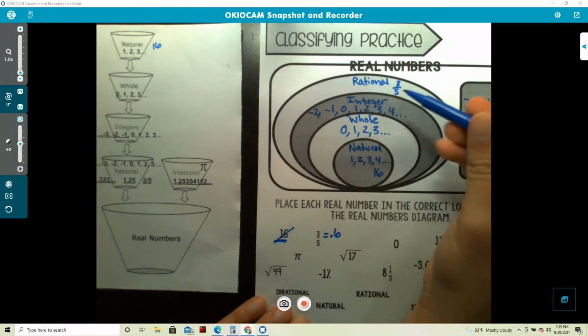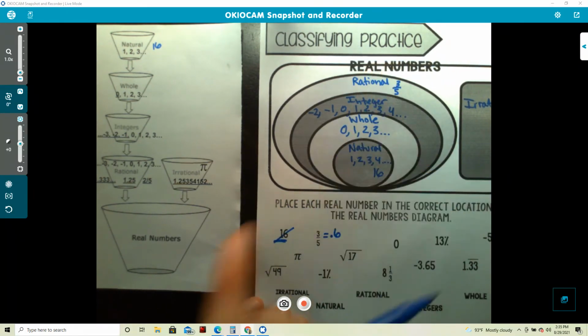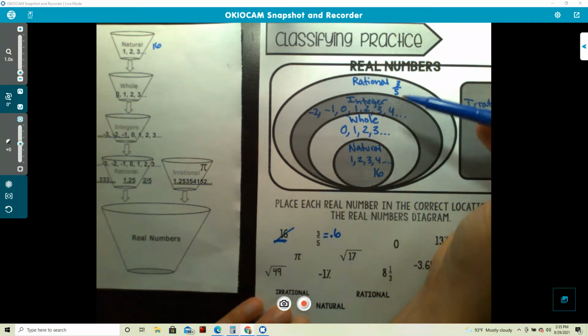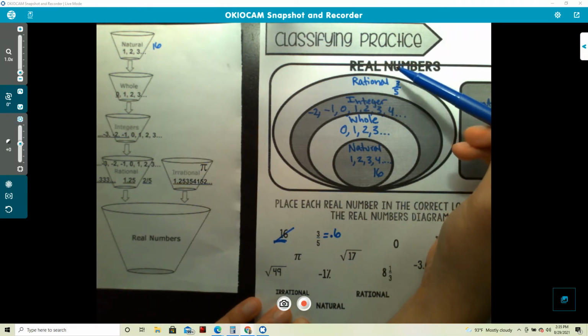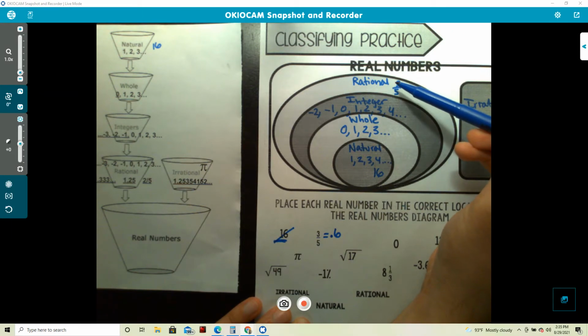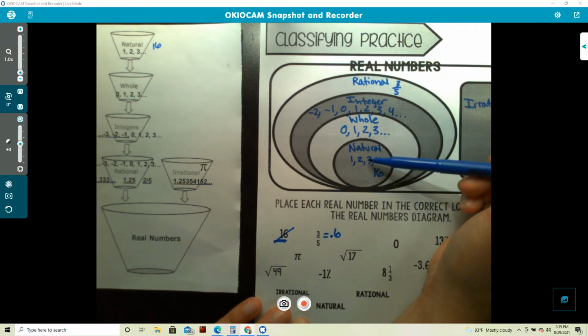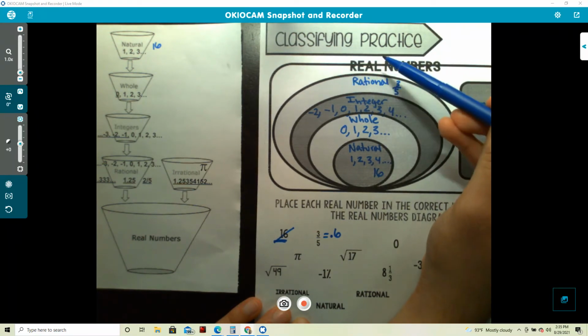So that means 3/5 is a rational number and it's also a real number. Notice that you start from the bottom and go up. When I say 3/5 is rational and a real number, notice that I can't go backwards. So 3/5 is not an integer and not a whole number and it's not natural. It's only going up.